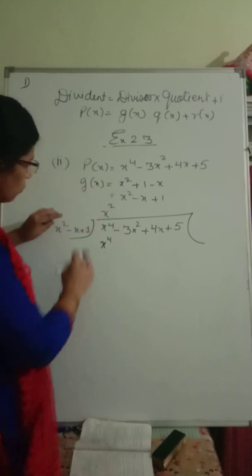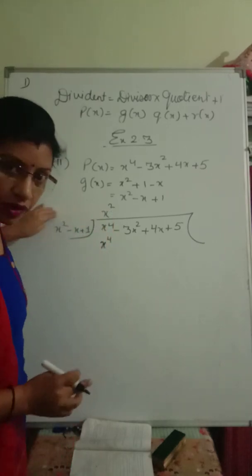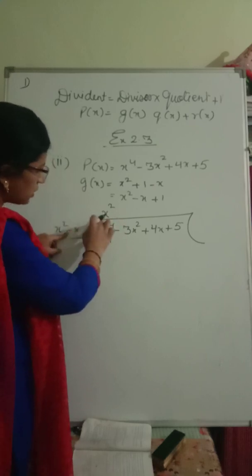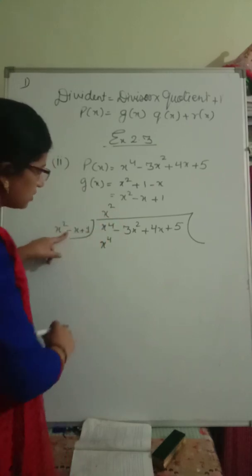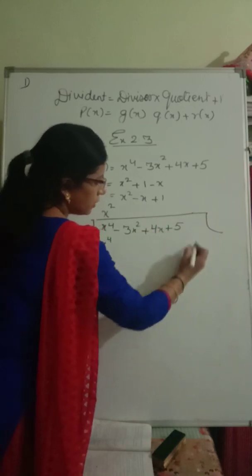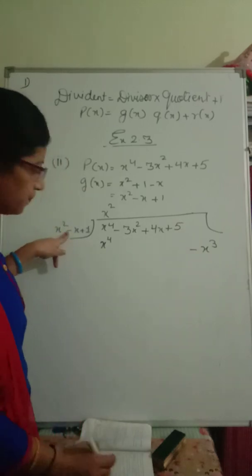Now second, I told you this number should be multiplied by this also. The full divisor. Minus plus minus, x into x square, x cube, minus x cube. X cube term is not here, so we will write minus x cube separately.